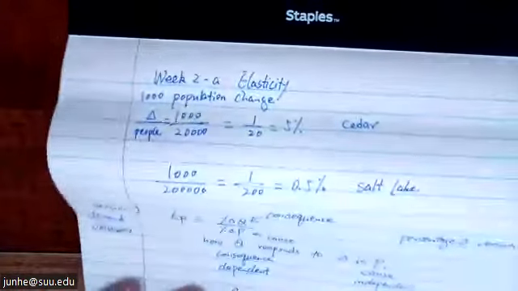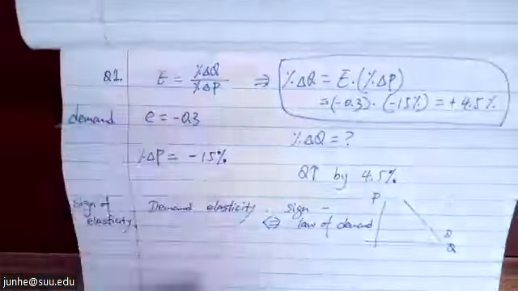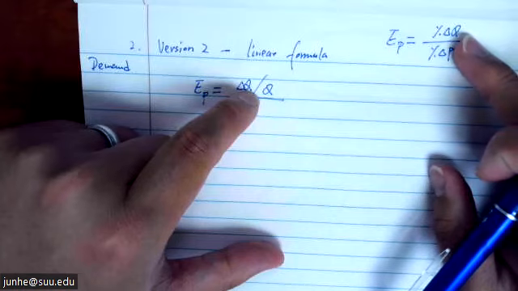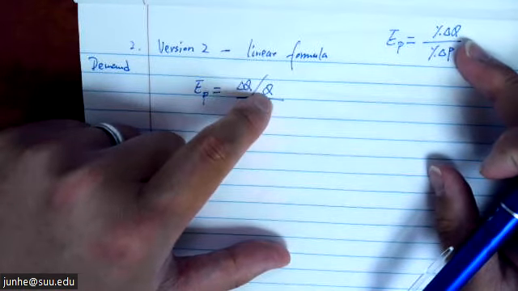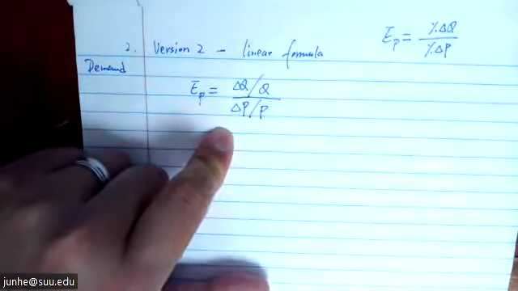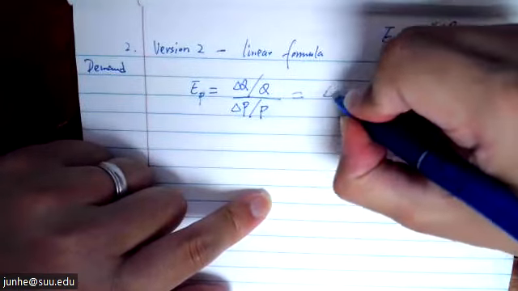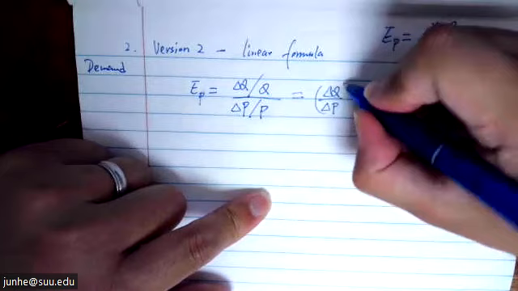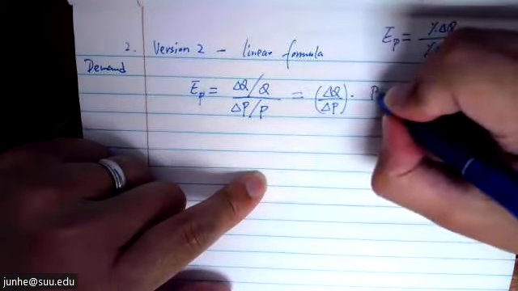So that's how percentage change should be expressed. So here, the percentage change of quantity is delta Q over Q itself. The percentage change of price is delta P over P itself. And then we rearrange this. We have delta Q over delta P multiplied by P over Q.